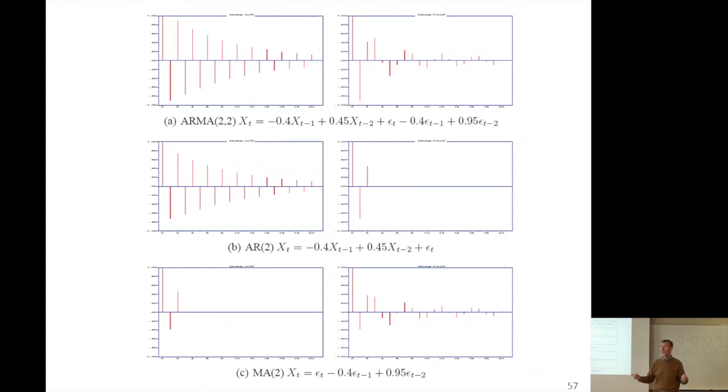But if I reveal x2 to x9, and I take them as given, and I compute everything now conditionally to the values of x2 to x9, what is the dependence? Is x1 independent of x10? And since we're talking of a Gaussian process, this is equivalent to computing correlation here. This is captured by the partial autocorrelation function.